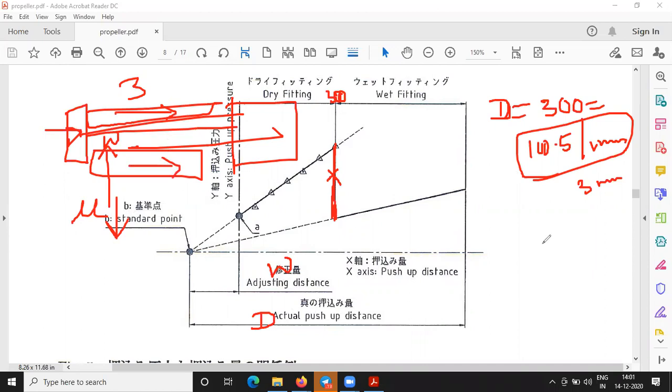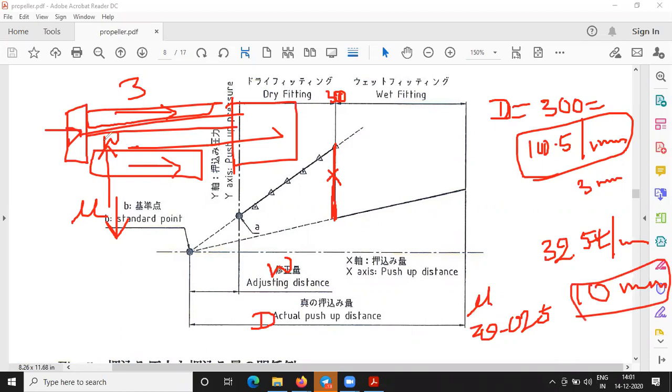Now 32.5 tons is required for 1 mm, with the friction from 0.025. So it is like we have moved 10 mm. That means when you start giving the W pressure, the propeller will start moving forward even though you have not applied more D pressure. D pressure will start dropping now.